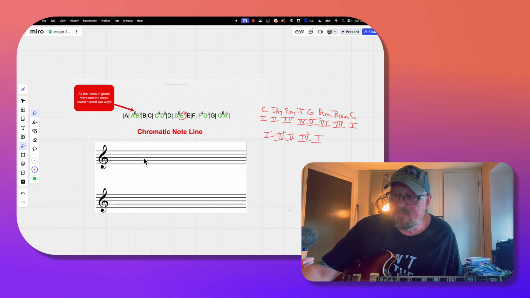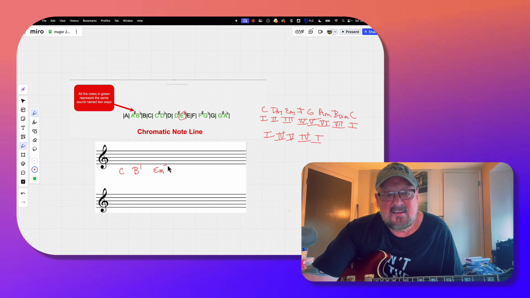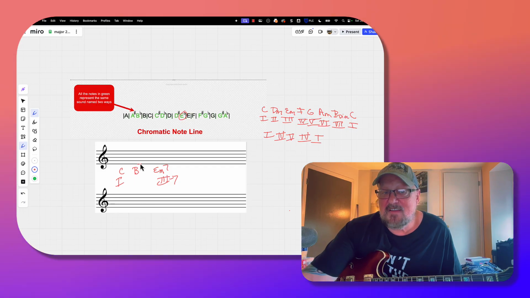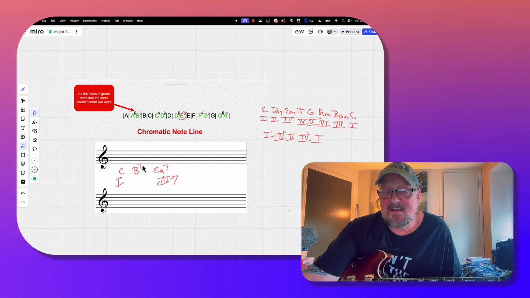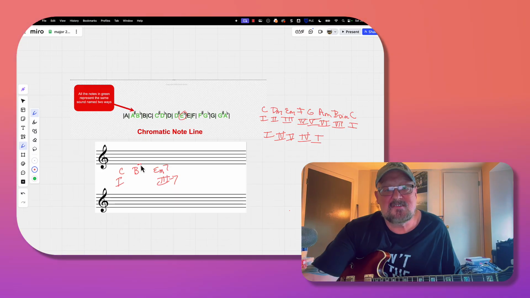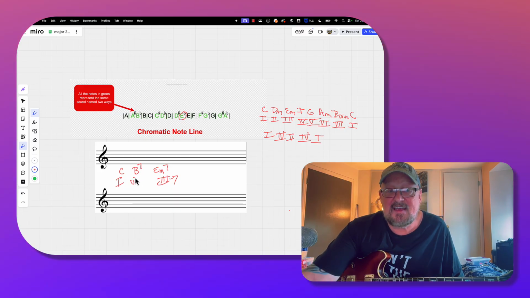So we have C, and then B7, and then E minor 7. So this is 3, right? 3 minor 7. This is 1. If this was B minor 7 flat 5, it would simply be 7. But it's not. The composer a lot of times will make it B7, and that is 5/7 of 3.